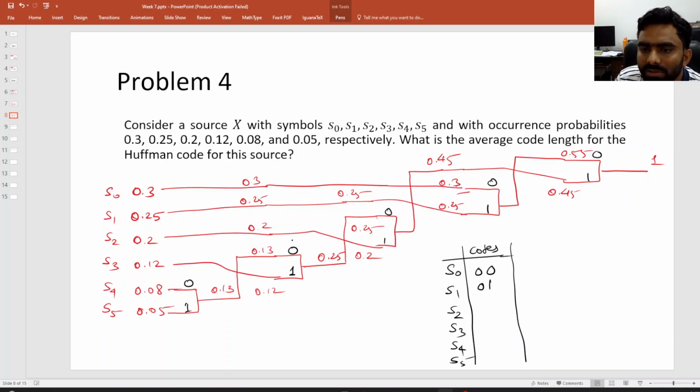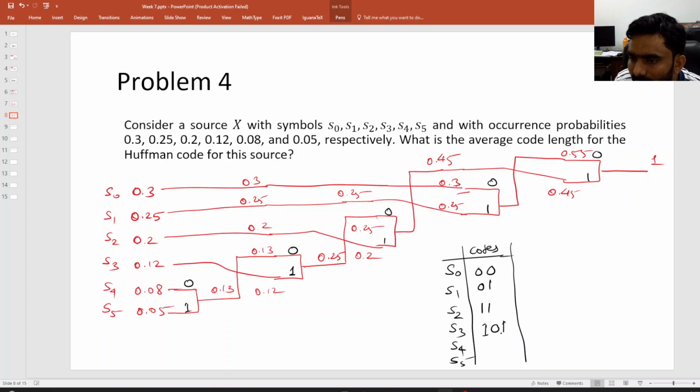Then S2 would be 1, 1. S3 would be 1, 0, 1.